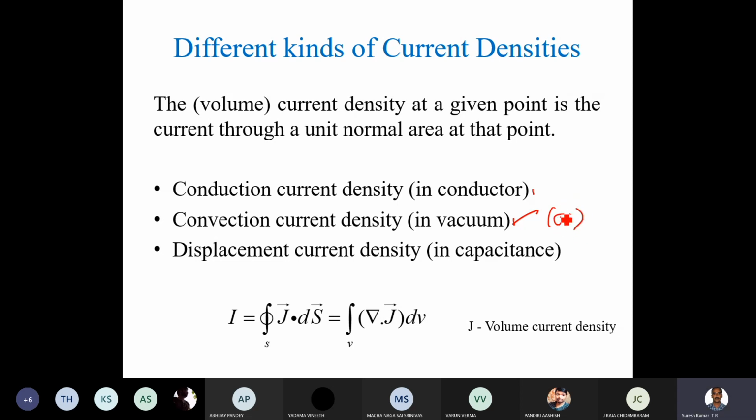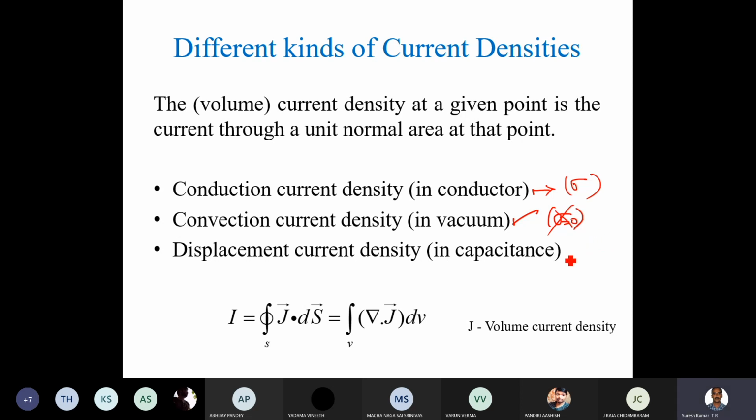Due to the applied field, the free electrons in the vacuum are accelerated and flow, and we call it current. The equations are quite simple because there is no collision. If you take a conductor, you need to consider the resistivity or conductivity of the medium. So here there will be no conductivity term, but there you need to consider the conductivity or resistivity term.